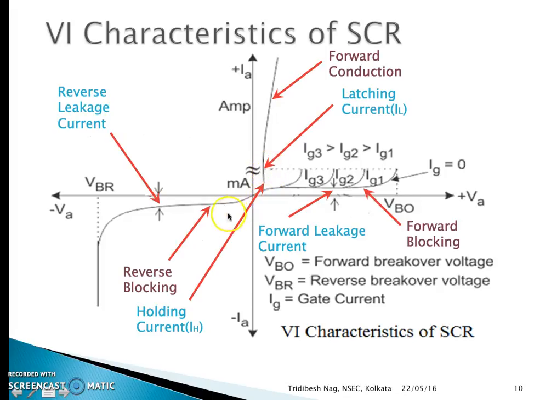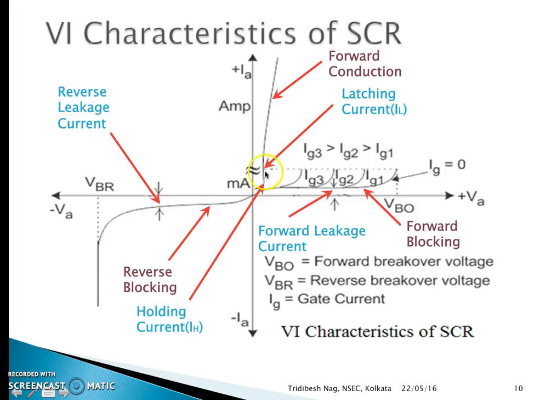And the other one, the holding current. This holding current is the minimum amount of anode to cathode current below which the SCR moves into the forward blocking mode. That is, it remains in the off state till the next gate triggering is applied.